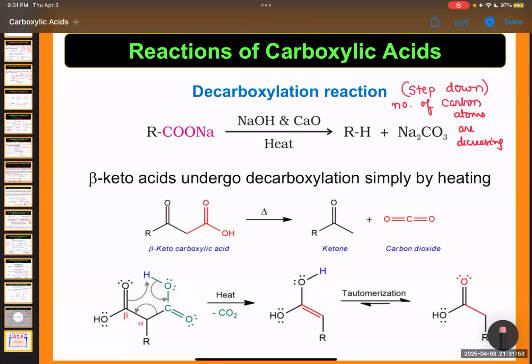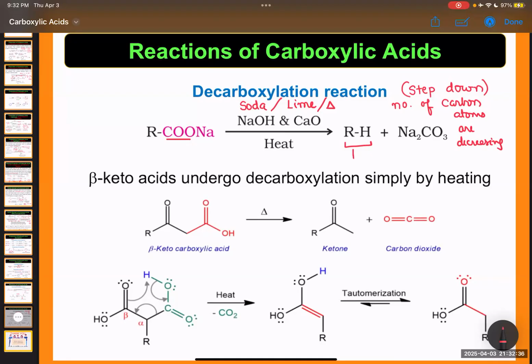Normal carboxylic acids can be decarboxylated by heating with soda lime. Soda is NaOH and lime is CaO. It could be provided to you as soda lime, heat, or NaOH, CaO, heat. The CO2 is going to come out and you are going to end up with an alkane. Got it? This is a step down reaction.